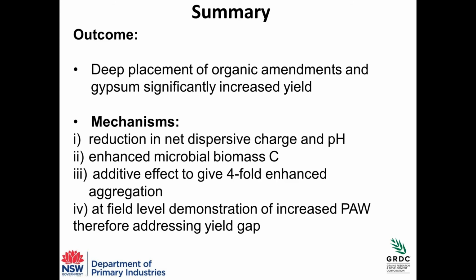On the rip line and off the rip line, we are taking samples from 0 to 10, 10 to 20, 20 to 40, and 40 to 60. We're actually going deeper, but so far we just focused on these samples for analysis. That covers the soil above the amended layer and immediately below it.